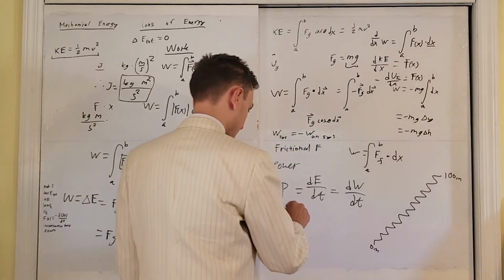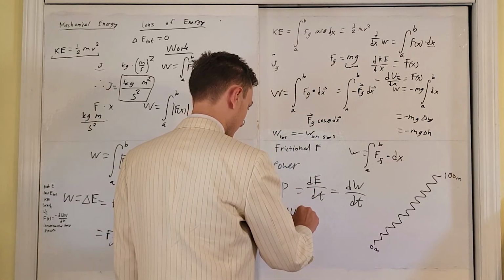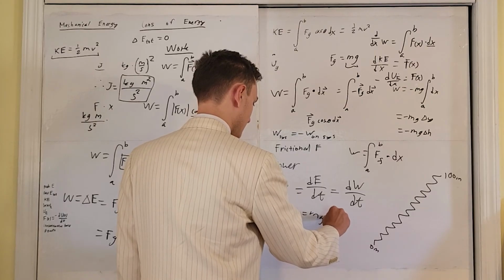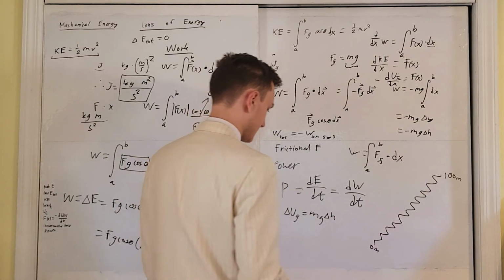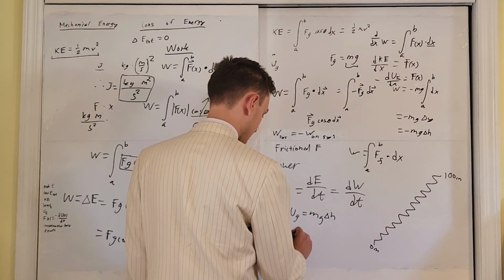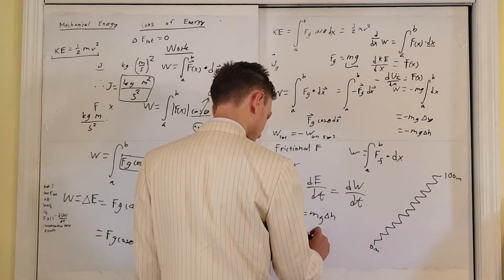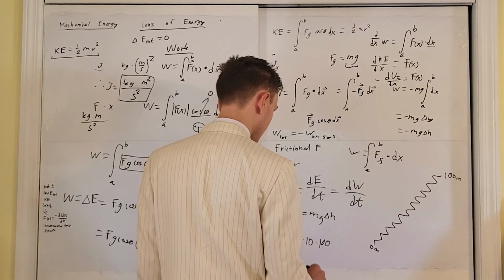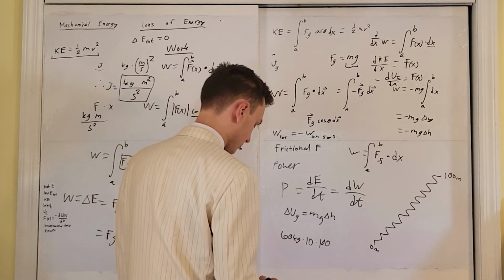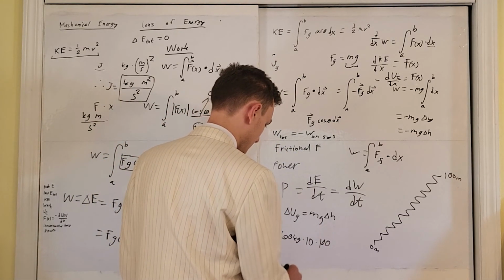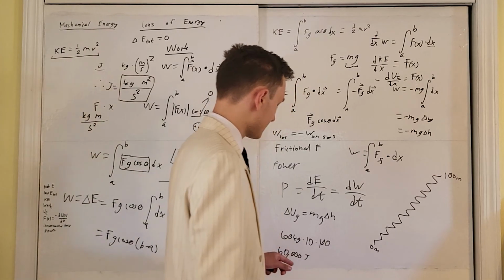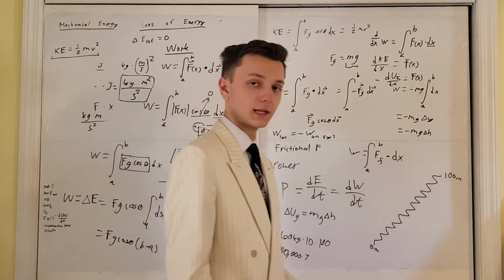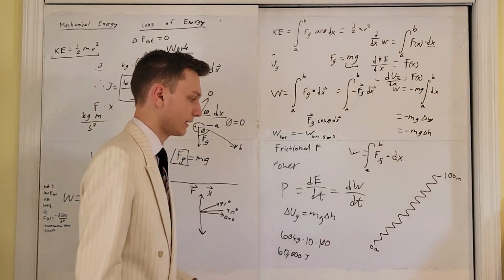My change in gravitational potential energy is going to be my mass, which let's say is 60 kilograms, times g, which is 10, times my change in height, which is 100. Therefore, my change in gravitational potential energy should be 60,000. So that's the change in gravitational potential energy between these 2 points, okay?